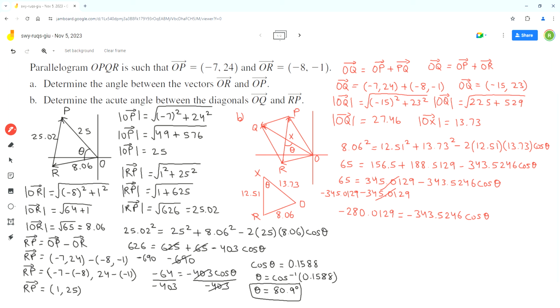Now we can divide both sides by negative 343.5246.